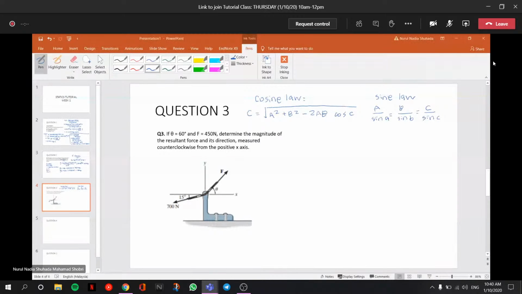For question number 3, you will need to use the cosine law and also the sine law. Try to extract the necessary information and plug into the cosine and sine law, so that you can get the resultant force and its direction.